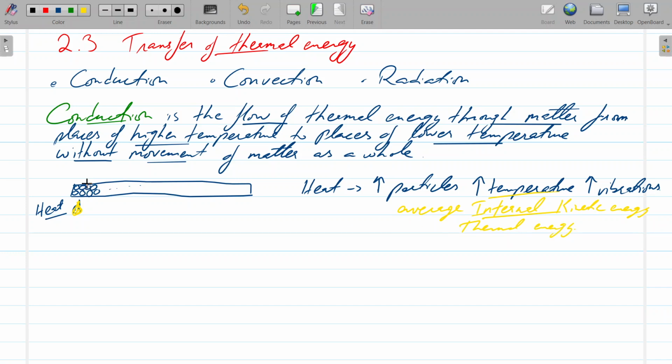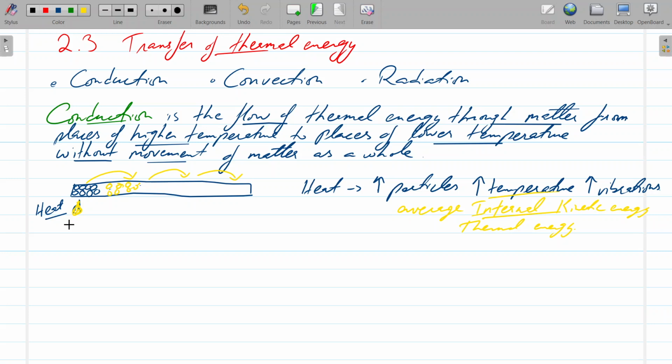So they're gaining energy and they are transferring that energy to the next particles, and that continues until the heat has been transferred all the way to the end.